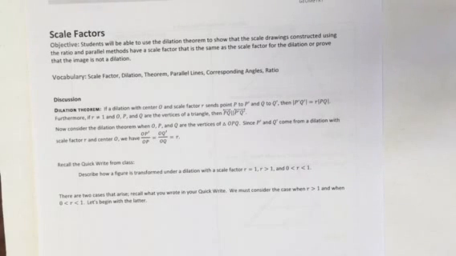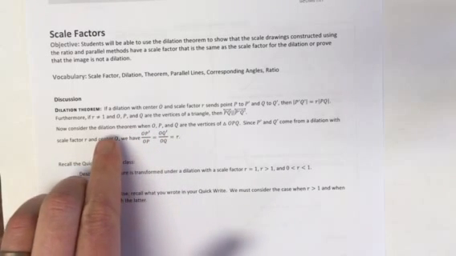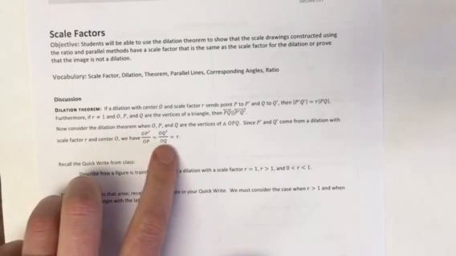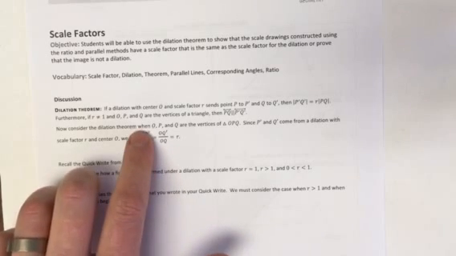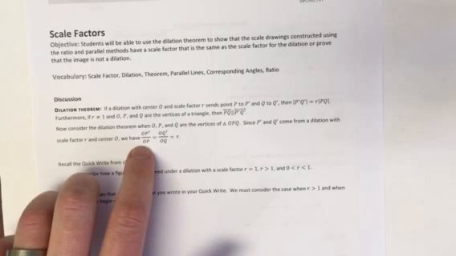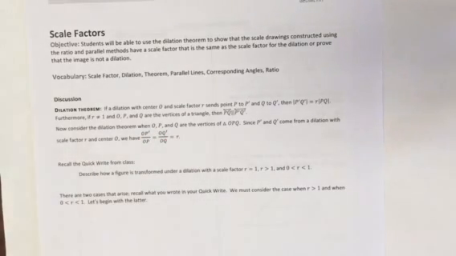We've seen that regularly throughout this extension of dilation: the scale factor adds the proportionality that we need. The dilation theorem allows us to look at the ratio of the image over the pre-image, and that equals the scale factor.